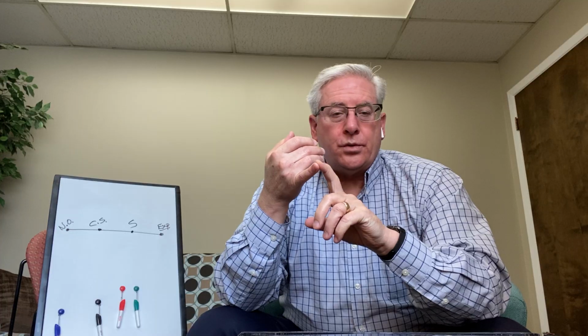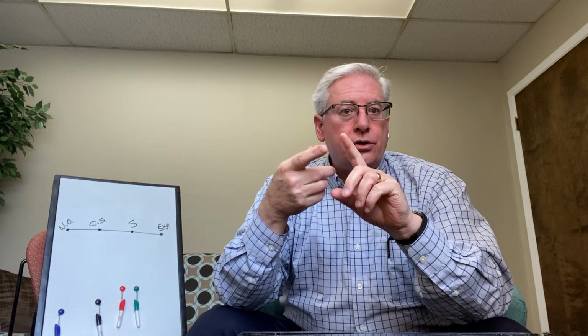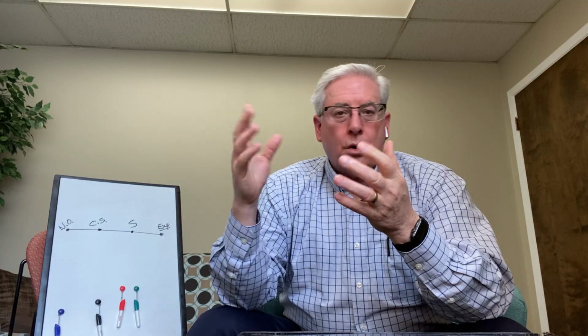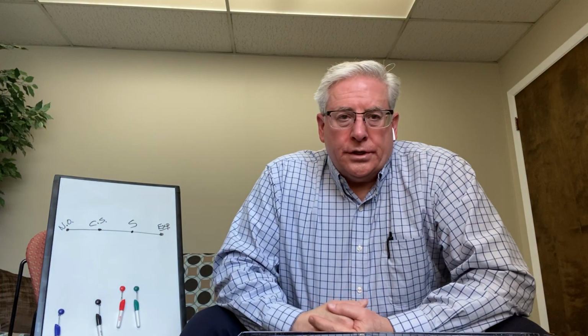You may only choose people between the ages of 18 and 35, or you may only choose females, or you may only choose males, or you may only choose individuals who have completed college, or whatever the case may be, whatever variable you're using here in the survey, you're going to control aspects of that variable. And then in the experiment, our goal is to control the variables. That's our purpose.